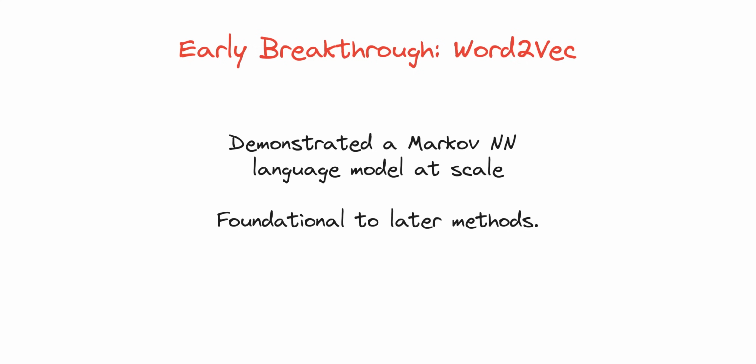There were many forms of early neural network language models, and they all had innovations that made it possible to get to this point. A particularly famous one is known as word2vec. This model came out exactly 10 years ago, and it demonstrated a lot of techniques that became foundational to later models.